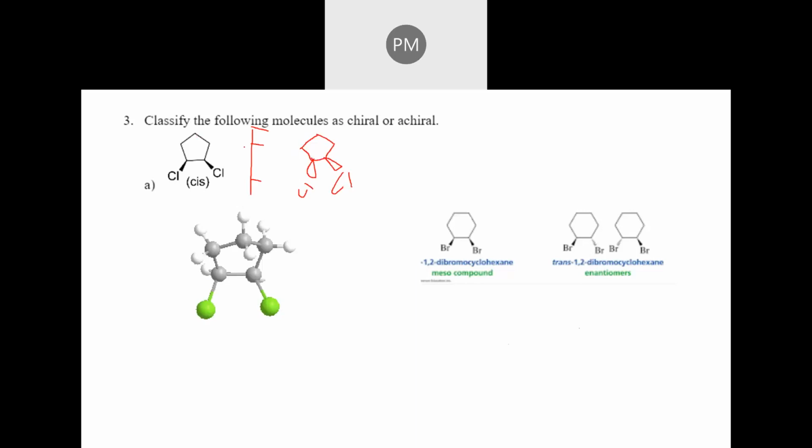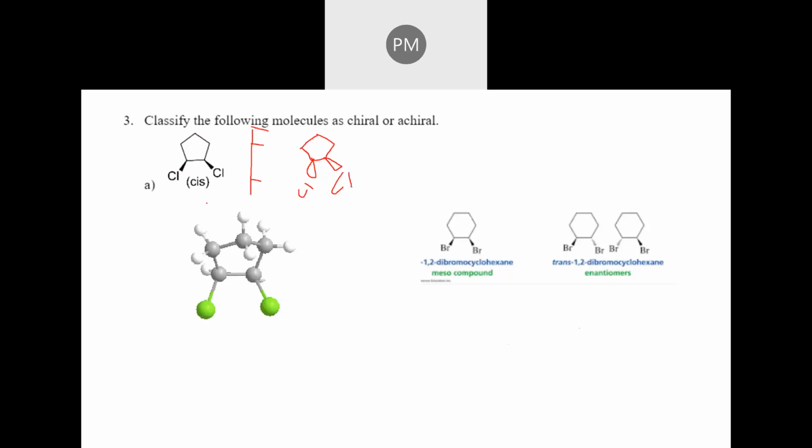If we place this molecule here, the mirror image is similar to this molecule. So these mirror images are superimposable on each other, so these are not chiral molecules.